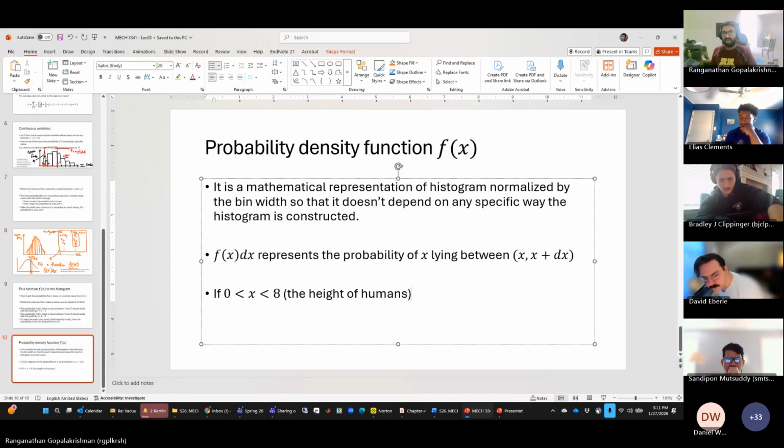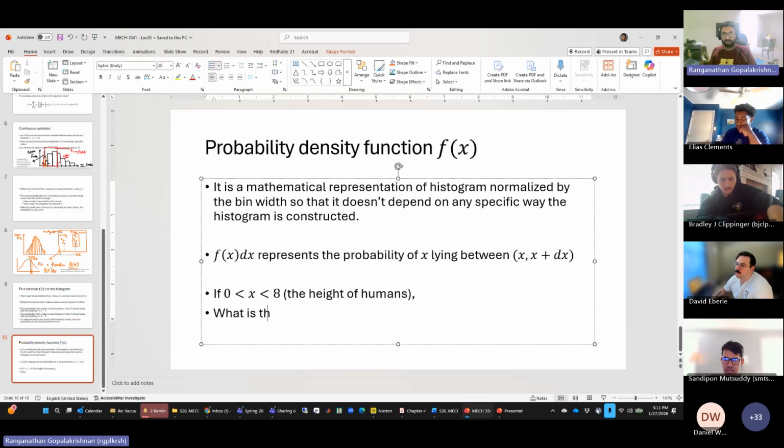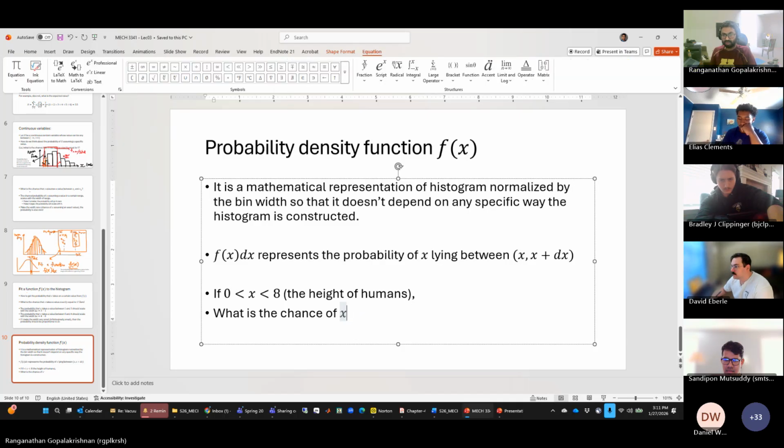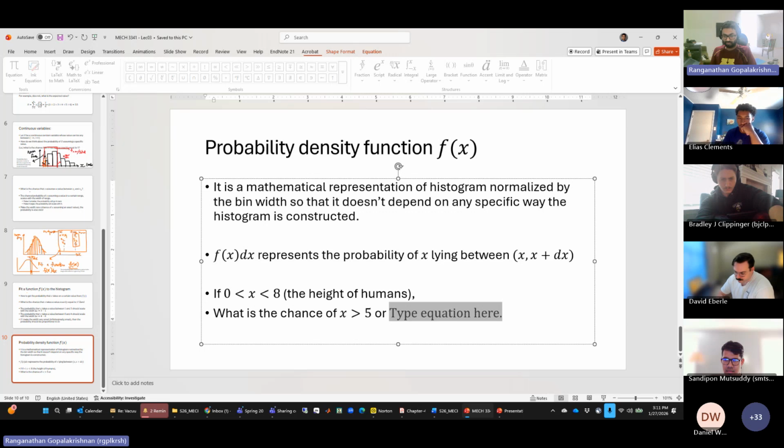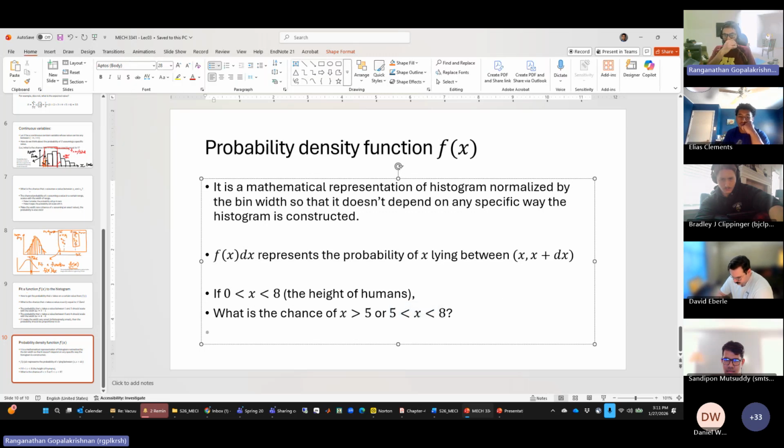Eight feet, I don't know if anybody is taller than 8 feet. What is the chance of x greater than 5? Another way of saying that is 5 less than x less than 8. How will you represent it?